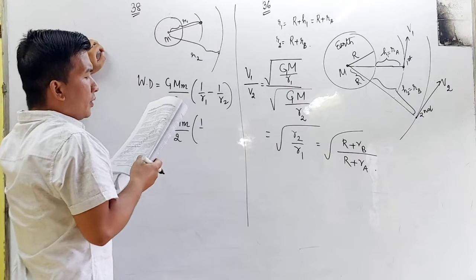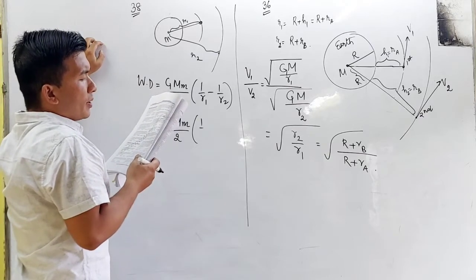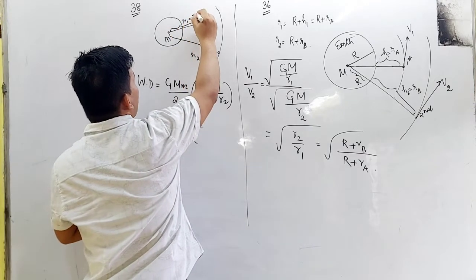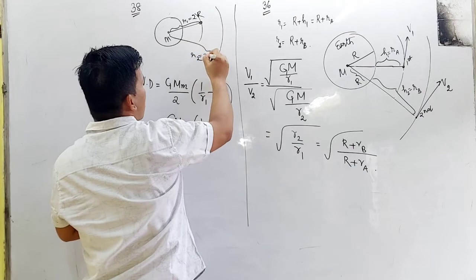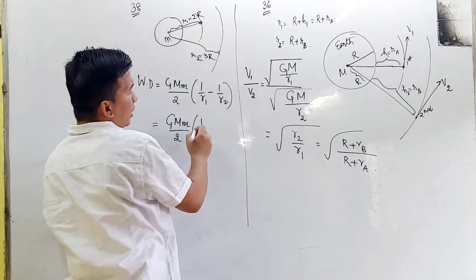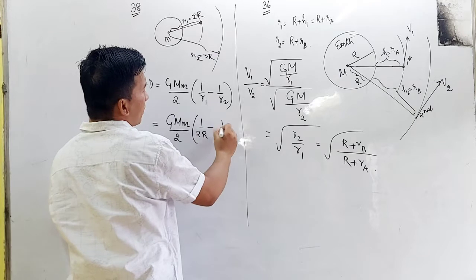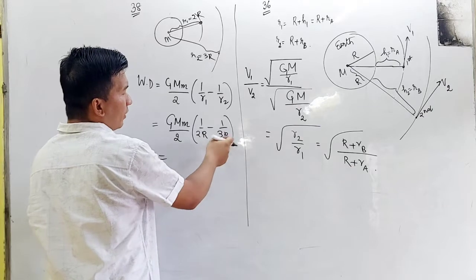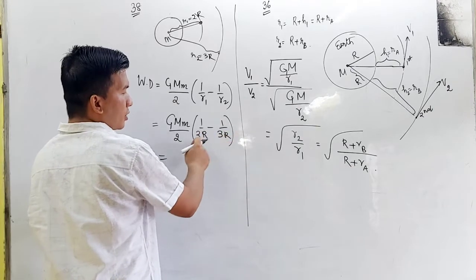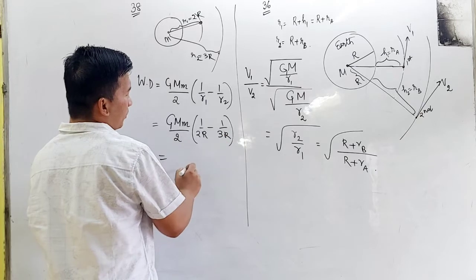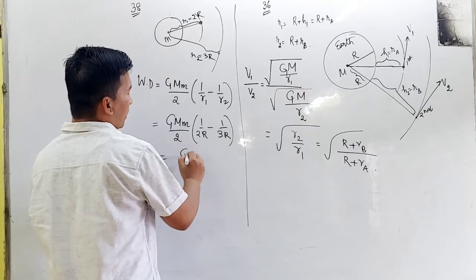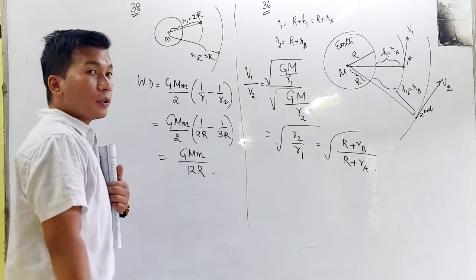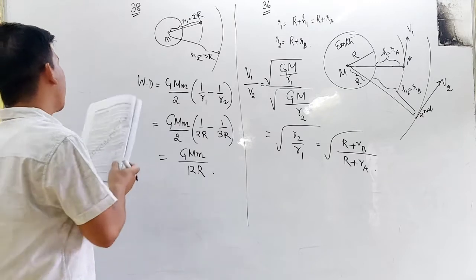A satellite of mass small m is taken from the orbit of radius twice R, so R1 equals 2R, and R2 is given as 3R. We simply put 1 by 2R minus 1 by 3R. After simplification, 3 into 2 is 6, 6 into 2 is 12, and we have capital G M, small m divided by 12R. Finish.